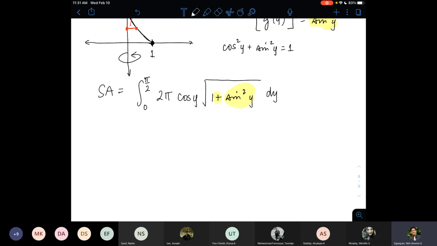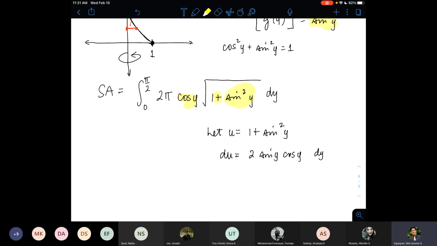If I let u be equal to 1 plus sine squared y, du would be 2 sine y times the derivative of sine y, which is cosine y dy. Which unfortunately we don't have a sine y in the integral. We only have a cosine there.